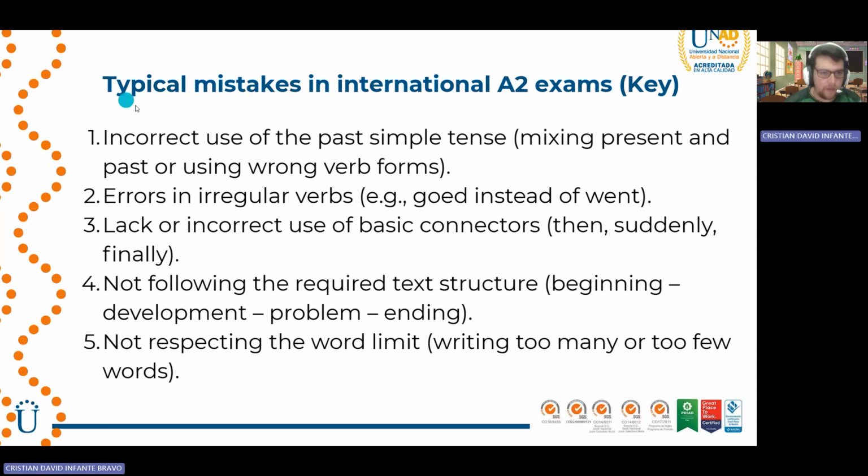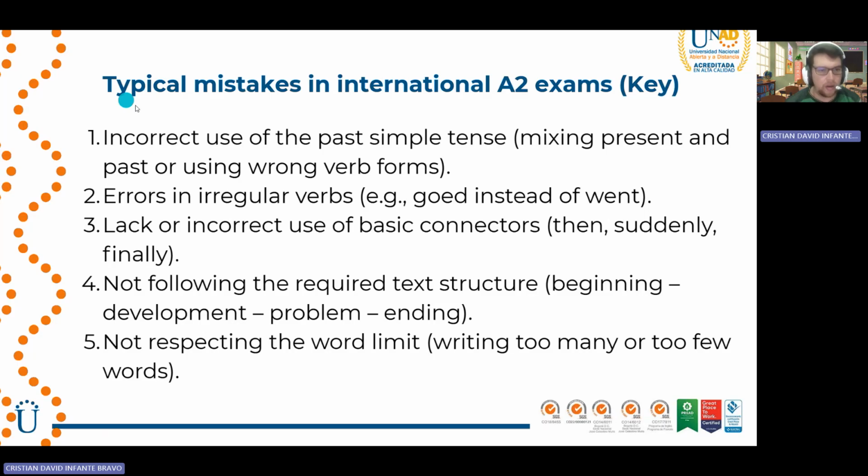Then at the end, when they finish, we're going to give those tips: typical mistakes when writing in English in international exams. The first one is incorrect use of the past simple tense, mixing present and past or using wrong verb forms.